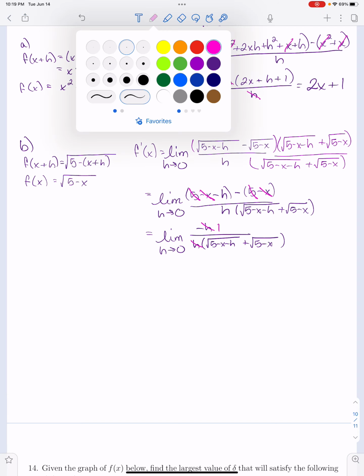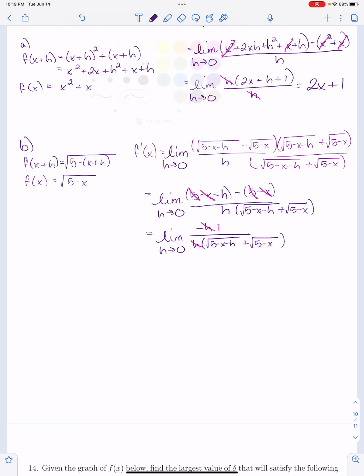When I plug in h equals 0 and calculate that, I get negative 1 over 2 times the square root of 5 minus x.